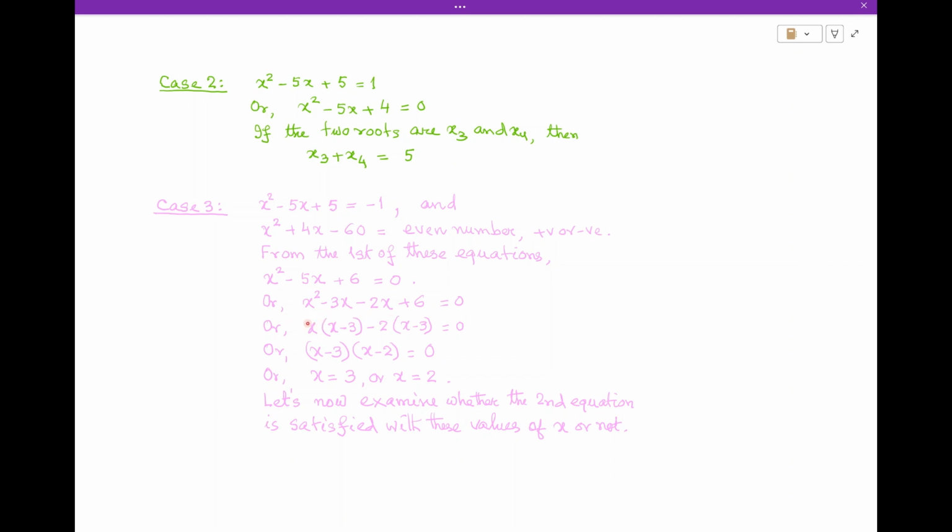If you take x common between the first two terms, we get x multiplied by (x − 3), and if you take 2 common from the next two terms, we get −2 multiplied by (x − 3) is equal to 0, or (x − 3)(x − 2) is equal to 0, so x is equal to 3 or x is equal to 2. Let us now examine the second equation and see if it is satisfied with any of these values of x or not.